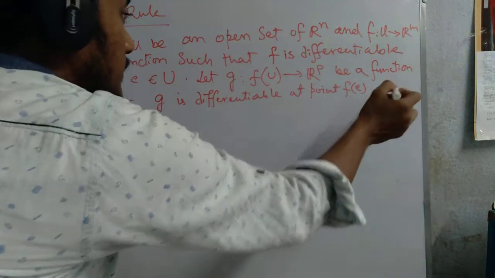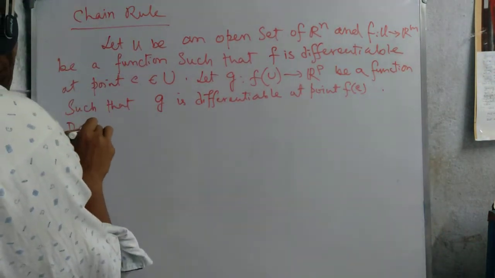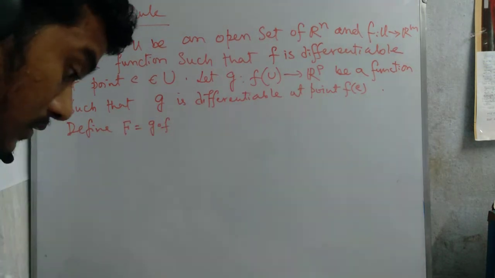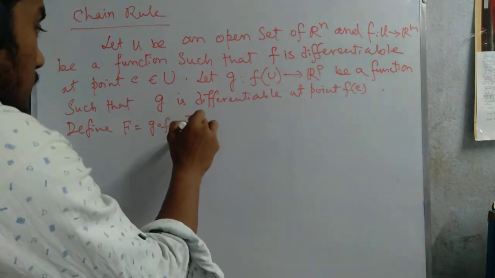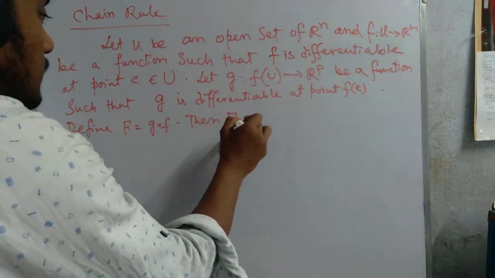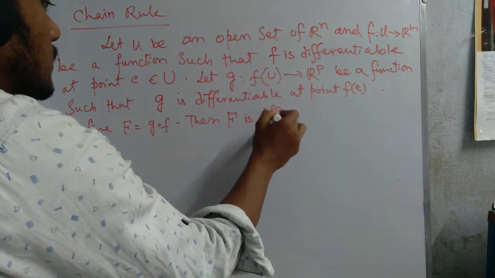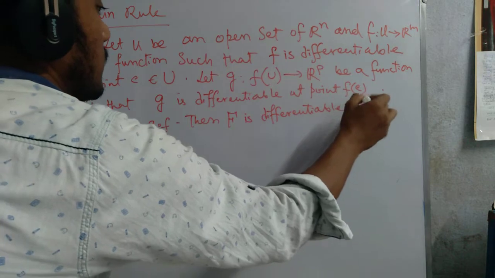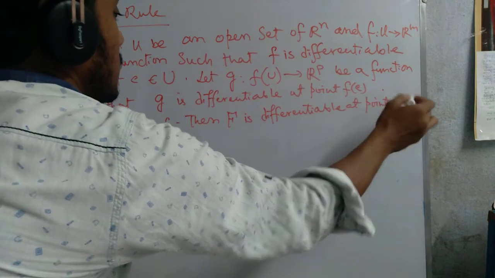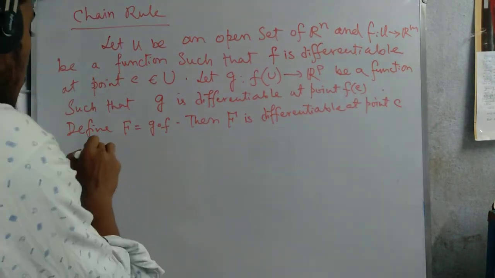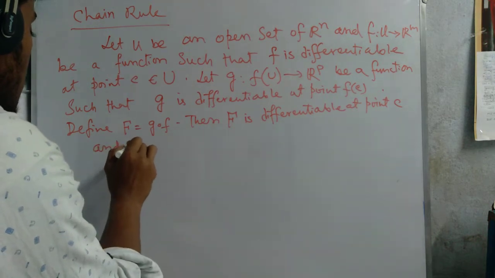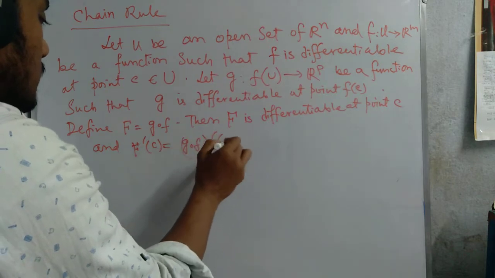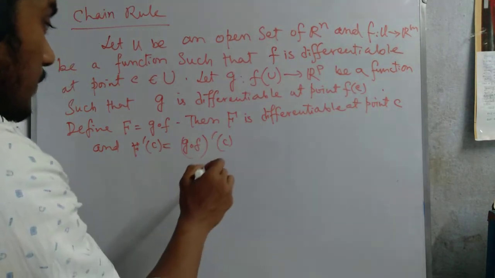Then define F equal to g composed with f. Then F is differentiable at point c, and F'(c) equals (g∘f)'(c).